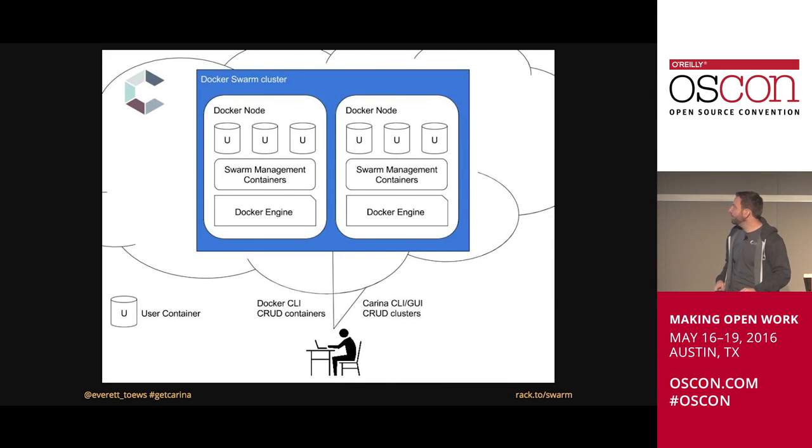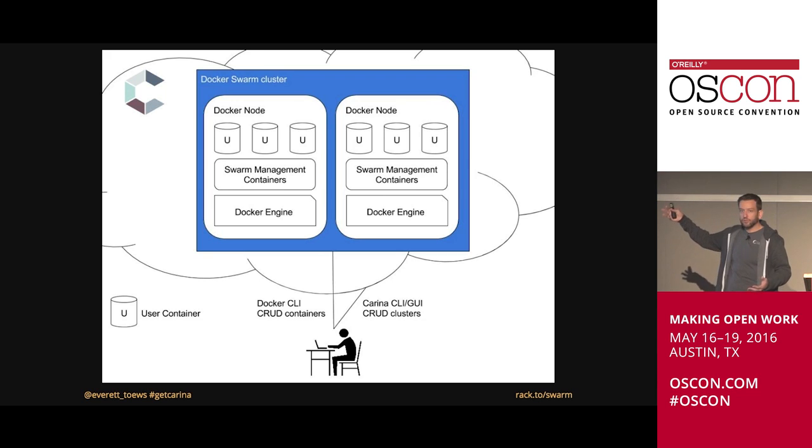So a bit of an overview of Swarm within the Karina Cloud. In this particular diagram, I've just got a 2-node cluster, just basically because of screen space. And we see that we have the Docker engine running on our node, of course. That's really the thing that's powering this whole beast. We've got some Swarm management containers.